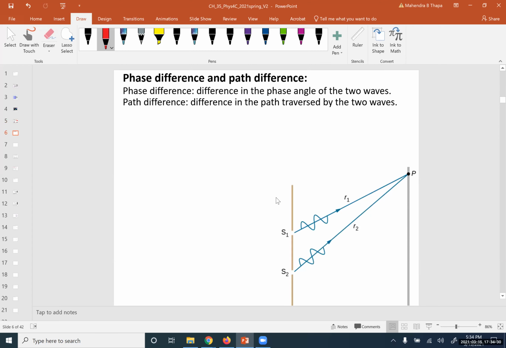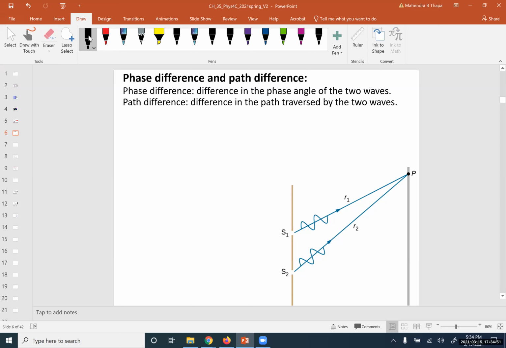Let's move further. What are phase difference and path difference? Phase difference is the difference in phase angle of the two waves, and path difference is the difference in path between the two waves. Let's take one example.